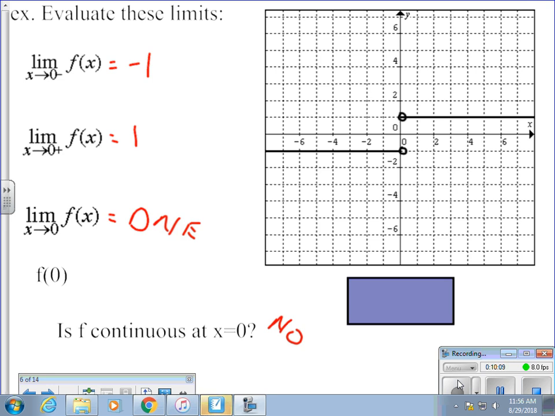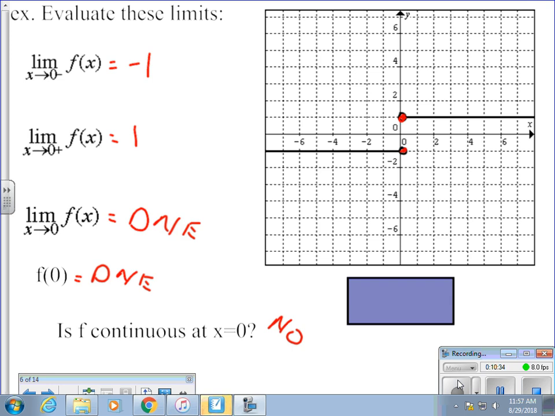Now, what is f of 0? Does not exist. However, if I had filled in one of the points, it would be that point. If I had filled in both points, this no longer qualifies for being continuous because what?